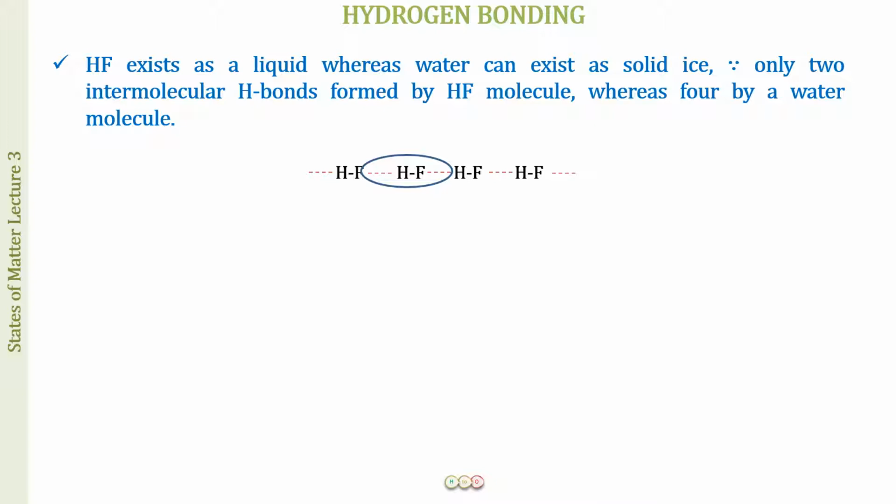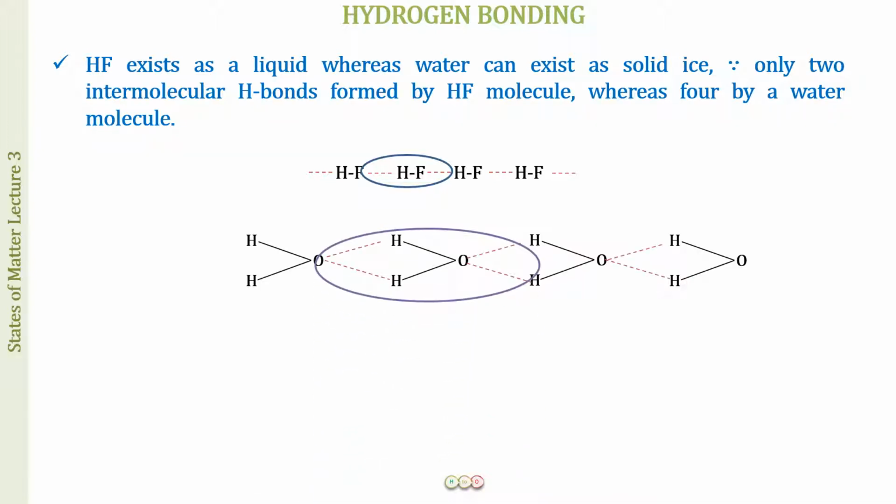But what we see is it is happening the opposite. And the reason is that HF molecules can form only two hydrogen bonds per molecule, whereas in the case of water, four hydrogen bonds, as we already have discussed.